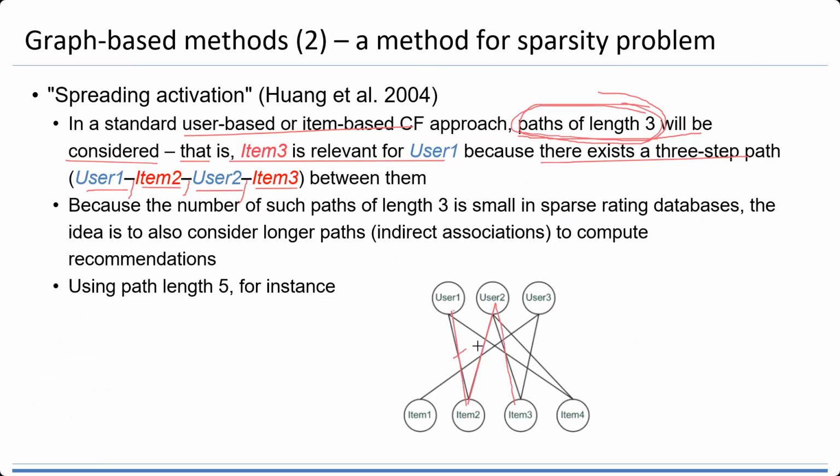So we have 1, 2, 3. We call this a path of length 3.